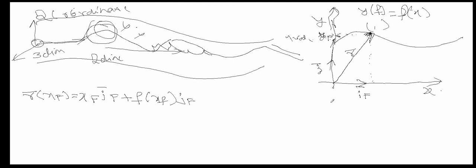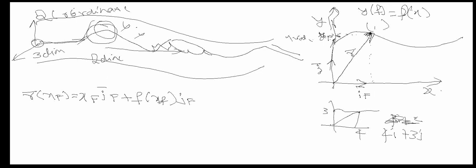For example, if you take some vector where this point is 3 and this point is 4, it is written as 3i plus 4j, and this one is written as 4i plus 3j.